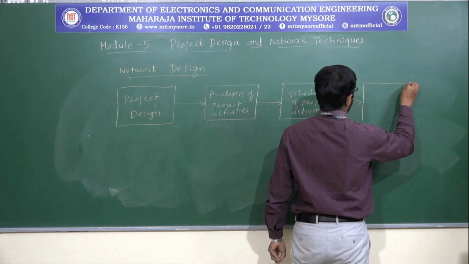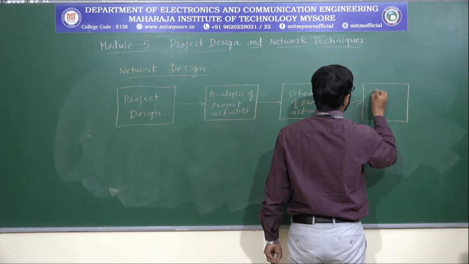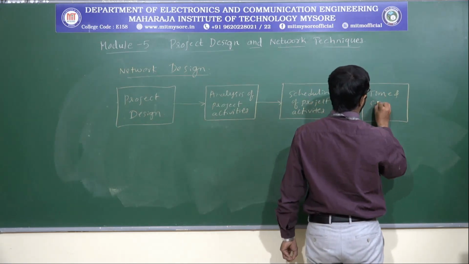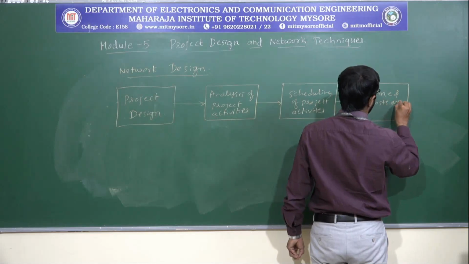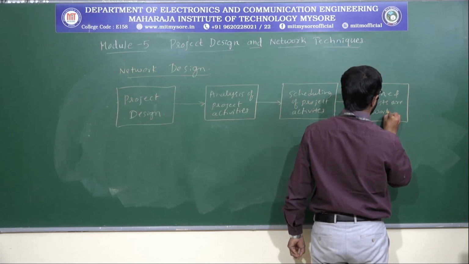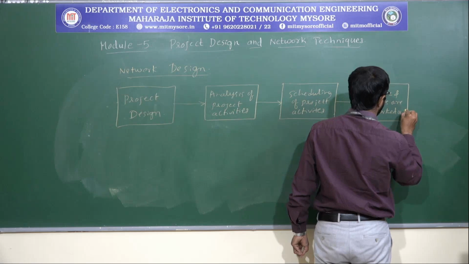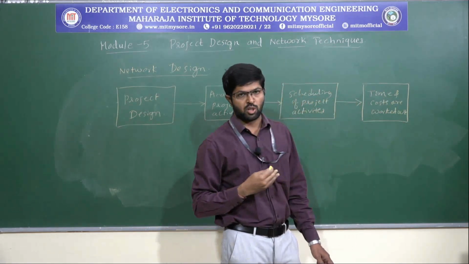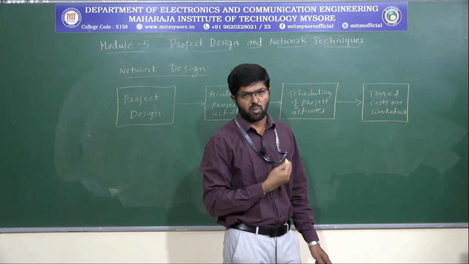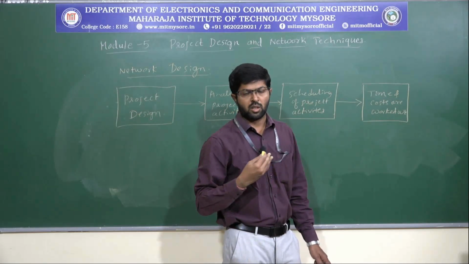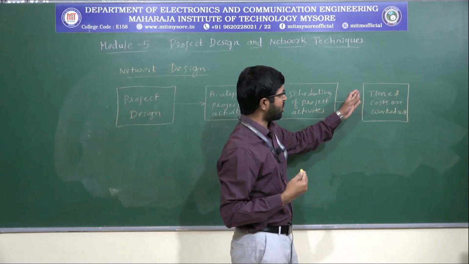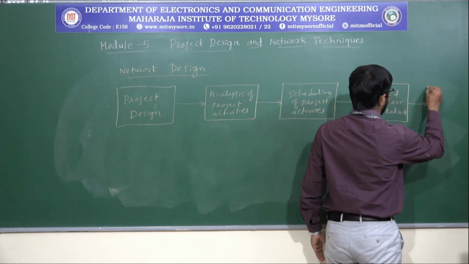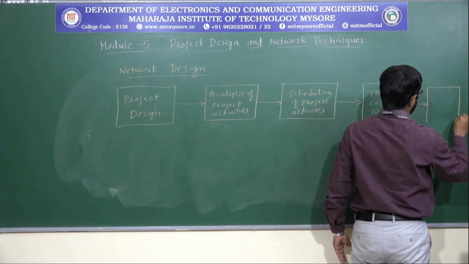After that, we have the component of time and costs and other resources. We can say time and costs are workload, which includes the other resources like the human resource, money, machine, and the infrastructure. So that has to be worked out. After that, we have the coordinating of the activities.